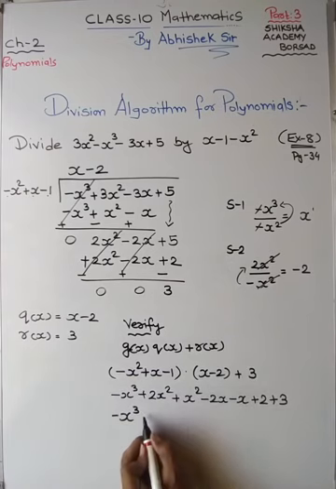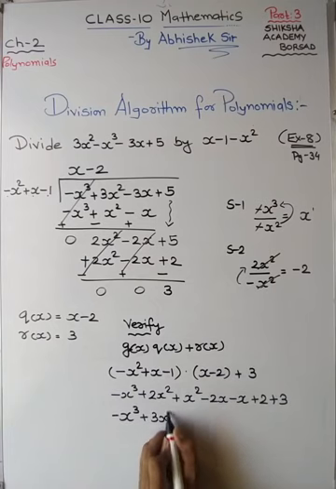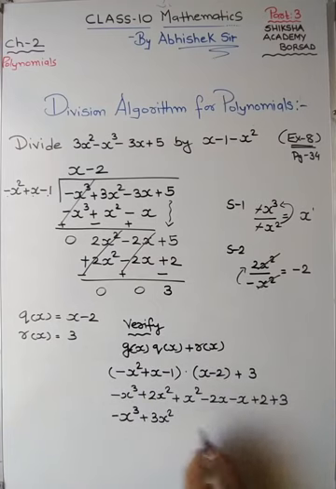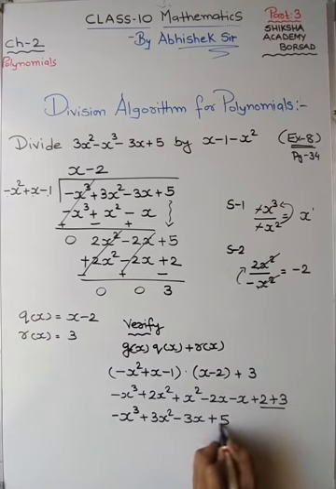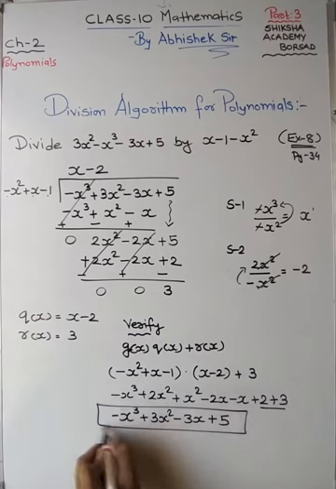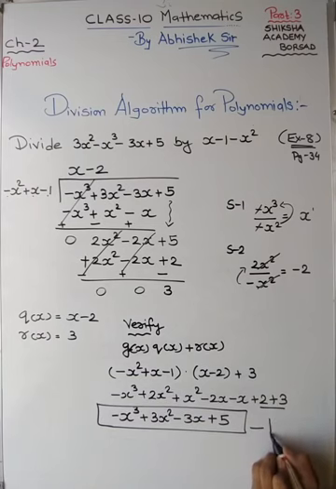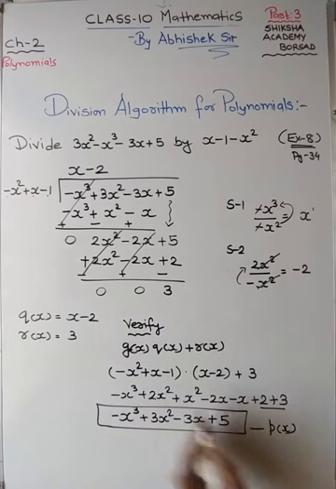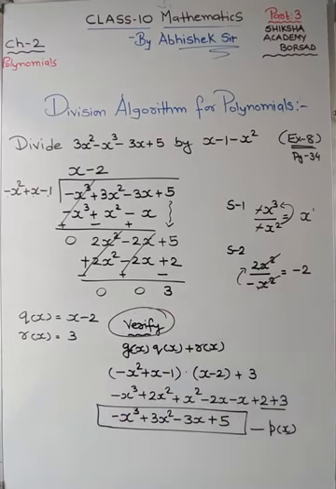2x square and 1x square will become 3x square. Minus 2x minus x is minus 3x, and 2 plus 3 is 5. So you can see this was our dividend, that is p of x. So hence it is verified as well.